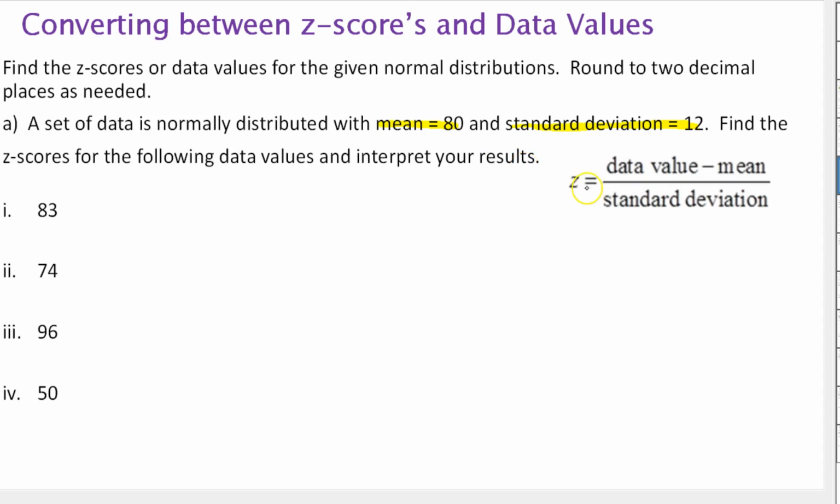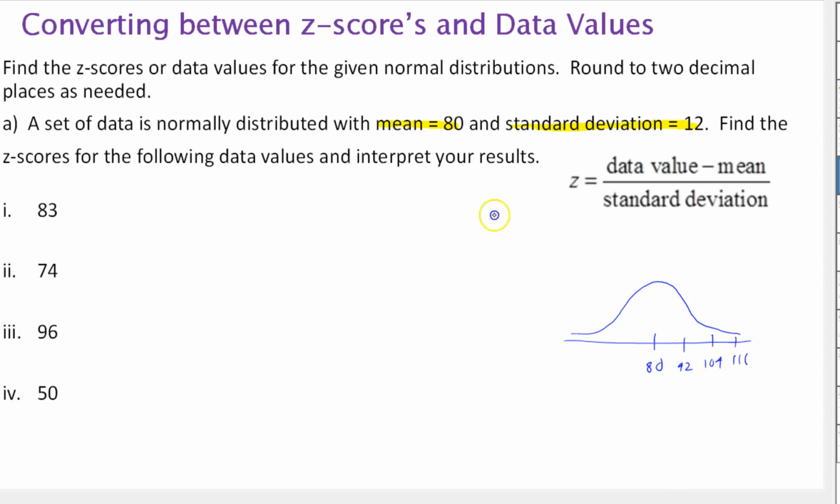Okay, so here's our formula for z-scores. Let's try to get a sense for what this means. I'm not a great drawer, but that wasn't a bad normal curve. We're told the mean is 80, so that's in the center. The standard deviation is 12, so we'd have 92, 104, 116, not to scale like the pretty computer pictures.